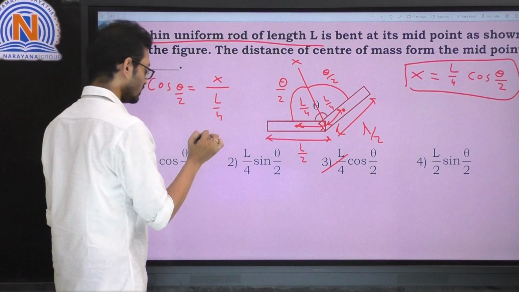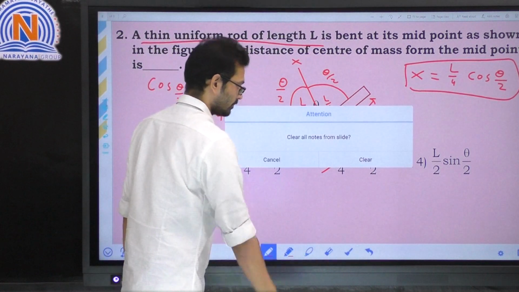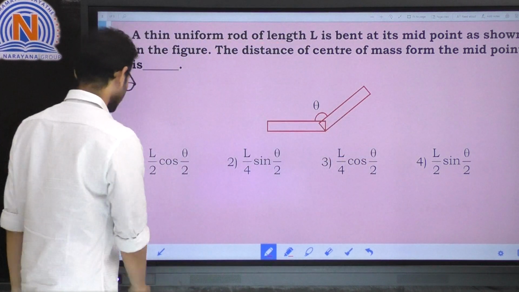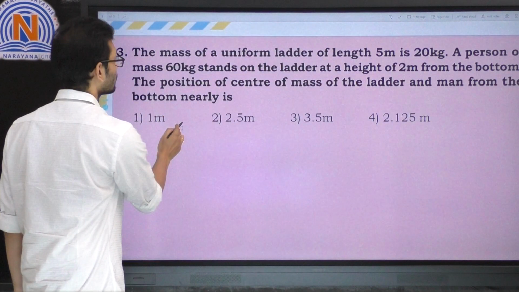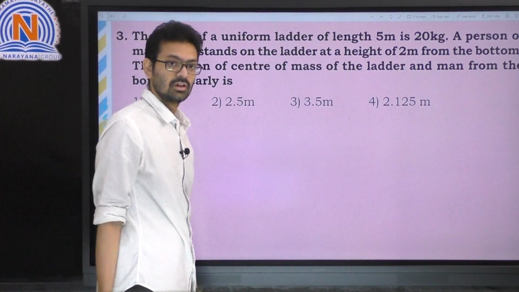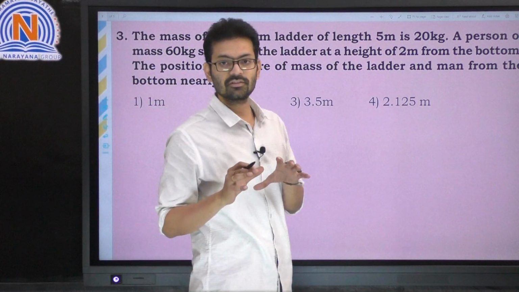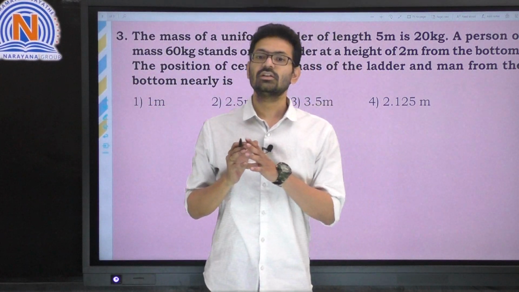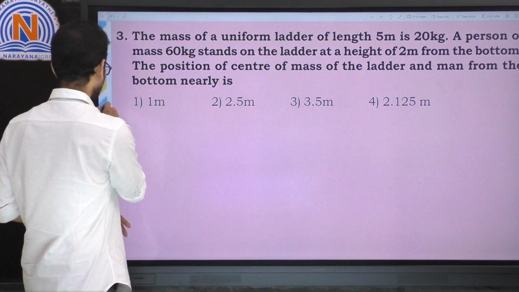Now, coming to your third question: the mass of a uniform ladder of length 5 meters is 20 kg. Here I'll take down the given data.